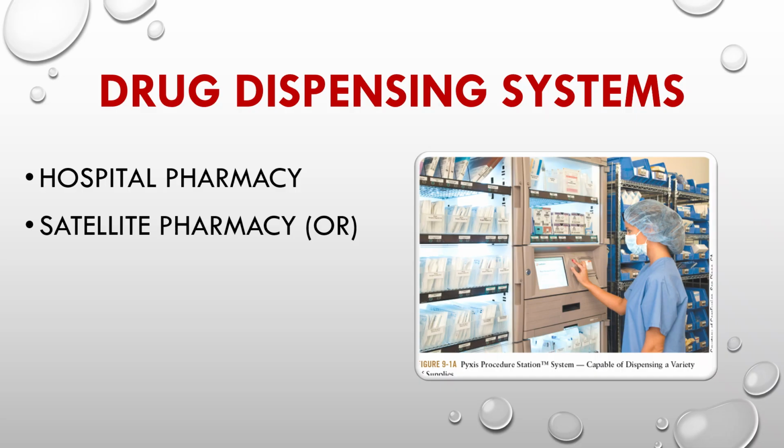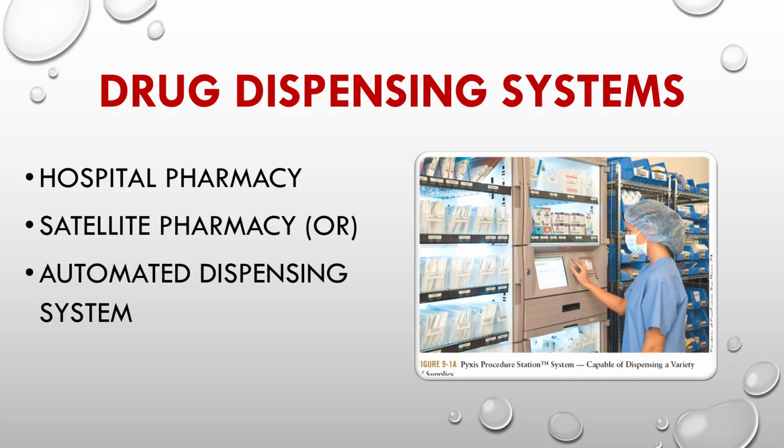That satellite pharmacy is going to have a larger selection of different drugs, but not nearly what a hospital would. They're typically more common to that area. So if you have a cardiac floor or a cancer floor, the drugs in those satellite pharmacies would match the common symptoms or conditions for patients on those floors.